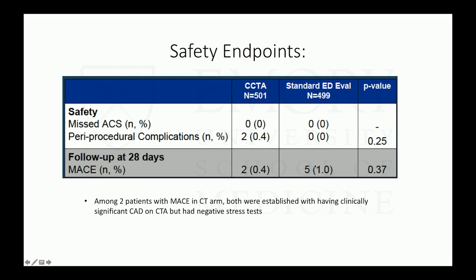There was a slight increase, not significant, in follow-up of MACE within the standard arm versus the CTA arm. And in both of those patients that did have MACE in the CTA arm, it was in the context of having clinically significant obstructive CAD on CTA, but negative stress tests.